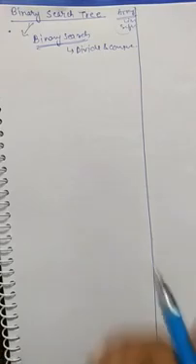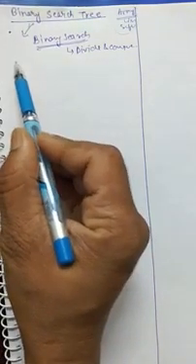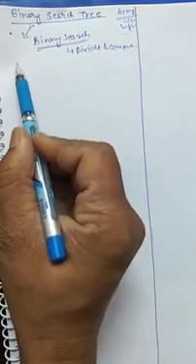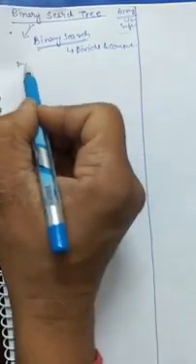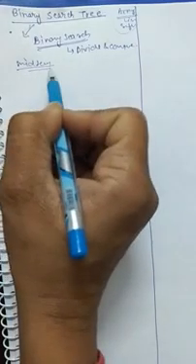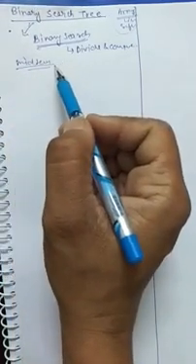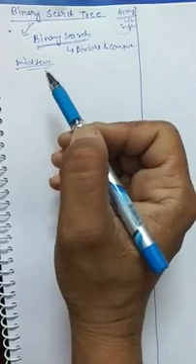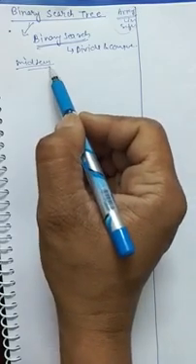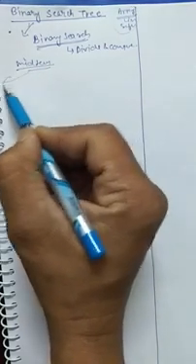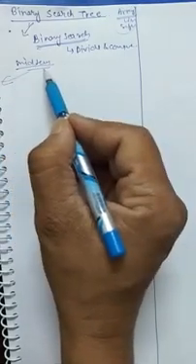In that concept, whatever elements are there, we sort them and we find the midterm. If the number or the symbol to be searched is less than the midterm, it will move to the left side. If it is greater than the midterm, it will search or traverse into the second half.